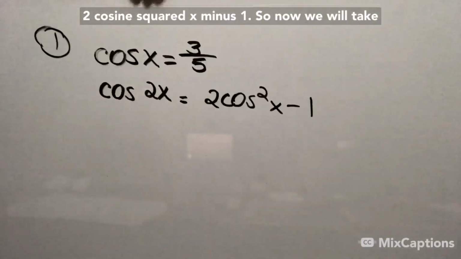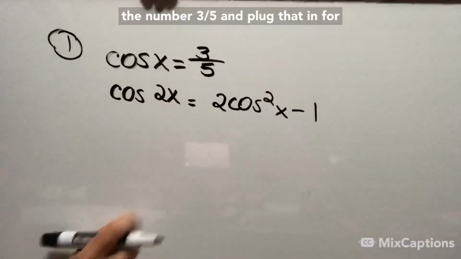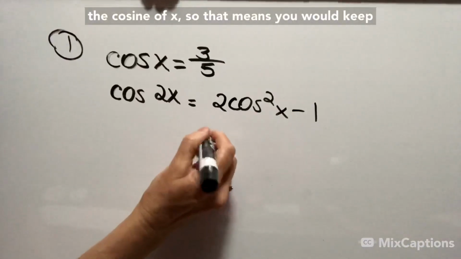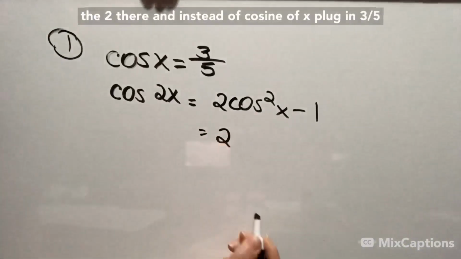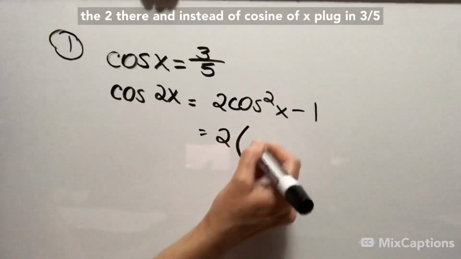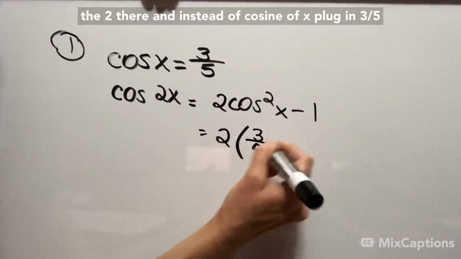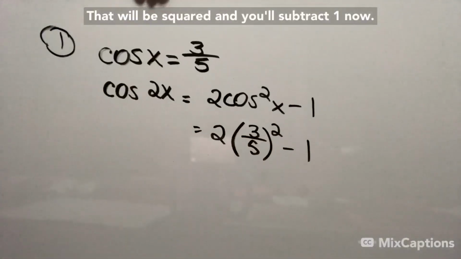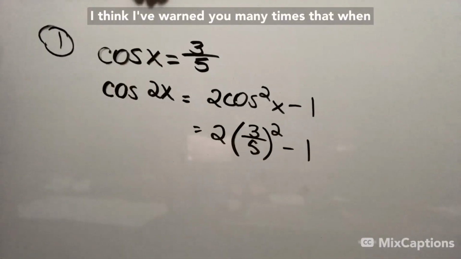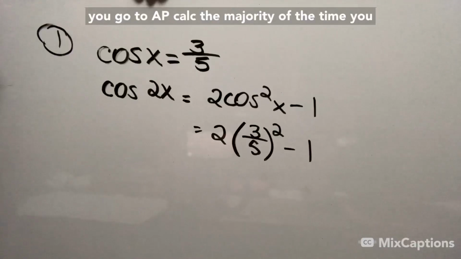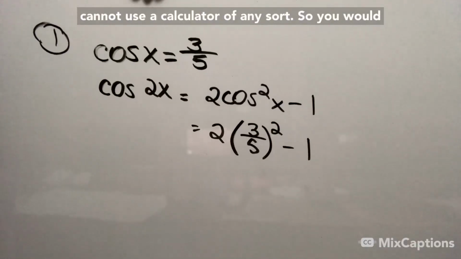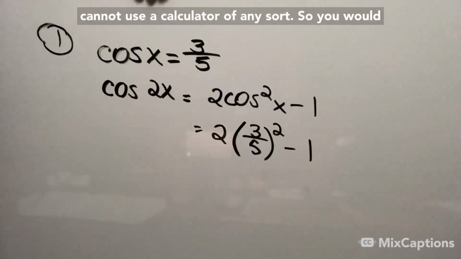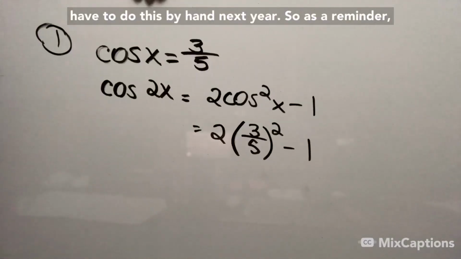So now we will take the number 3/5 and plug that in for the cosine of x. So you would keep the 2 there. Instead of cosine of x, plug in 3/5. That will be squared, and you'll subtract 1. Now, I think I've warned you many times that when you go to AP Calc, the majority of the time you cannot use a calculator of any sort. So you would have to do this by hand next year.